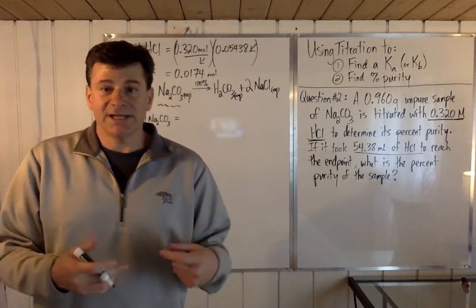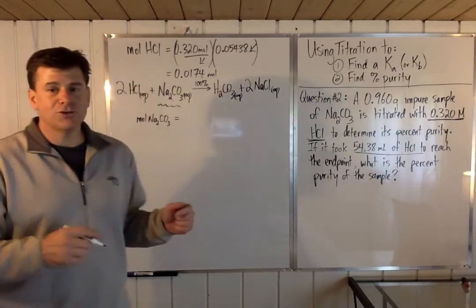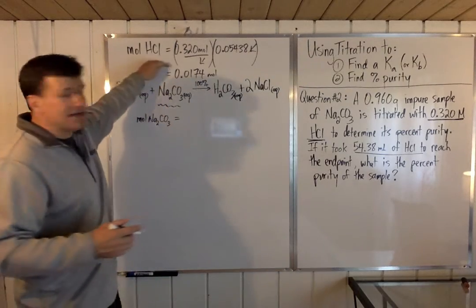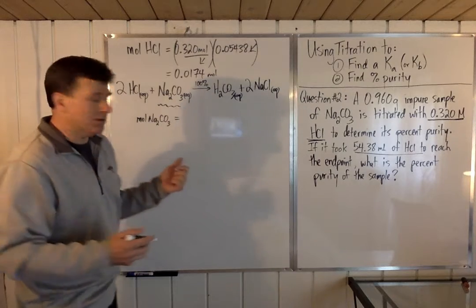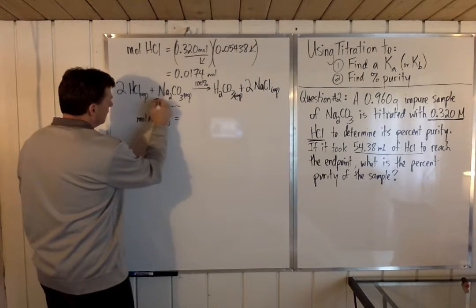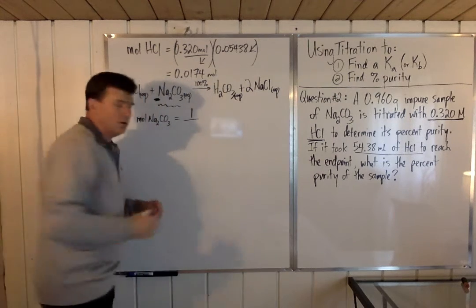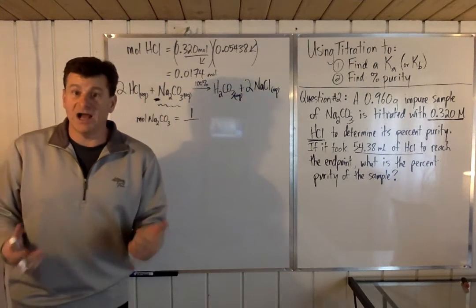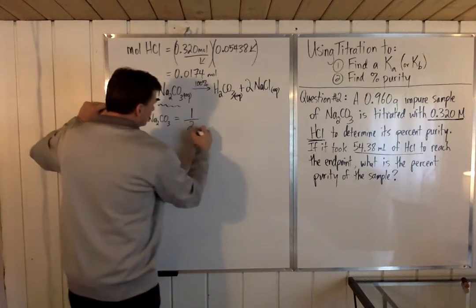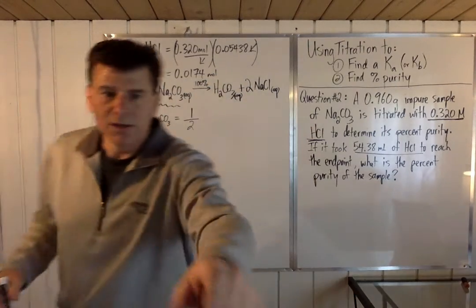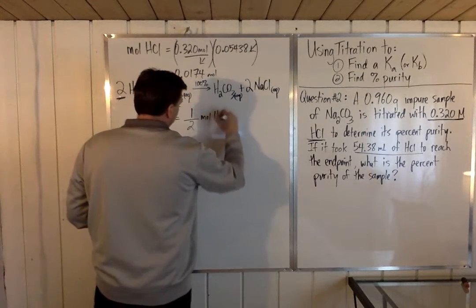The moles of what you want equals the coefficient of what you want over the coefficient of what you have. So you have the moles of the HCl. That's what you have. So the coefficient of what you want is the Na2CO3, right there, the 1, over the coefficient of what you have. Well, I have the moles of the HCl, which is the 2. So it's over 2, times the moles of what you have, times the moles of HCl.